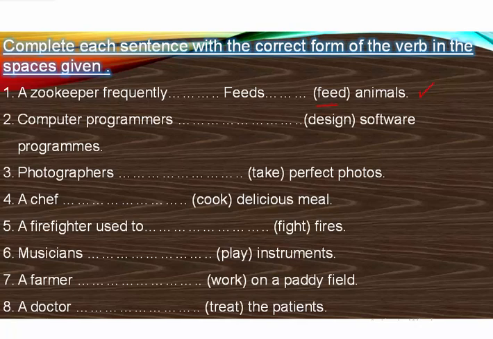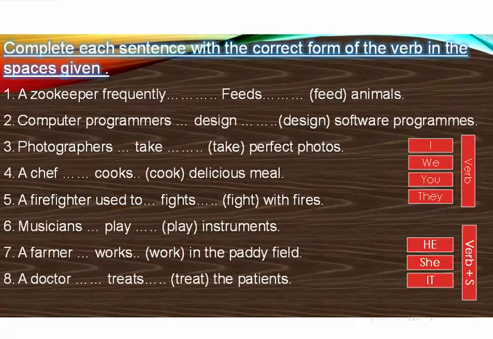In the first example also, you can see the word frequently. I already told you, in the simple present tense, some words will come: frequently, used to. Now let's see the answers.